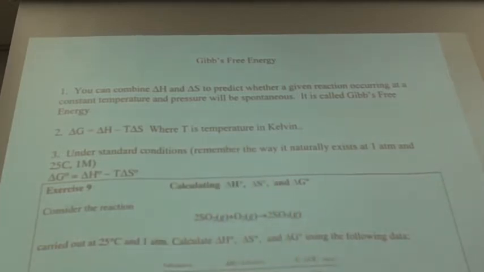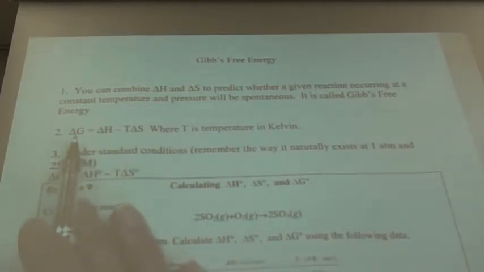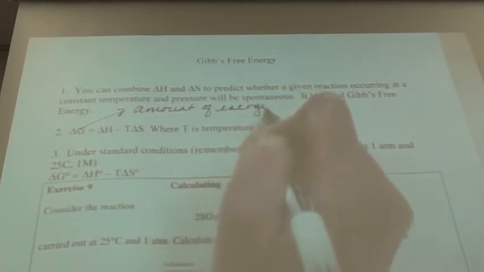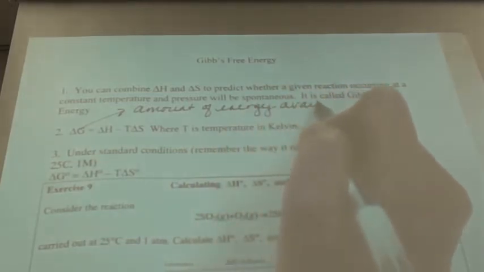It's called Gibbs free energy, and here is his formula. The change in Gibbs free energy, and you need to define Gibbs free energy, is the amount of energy available to do work.